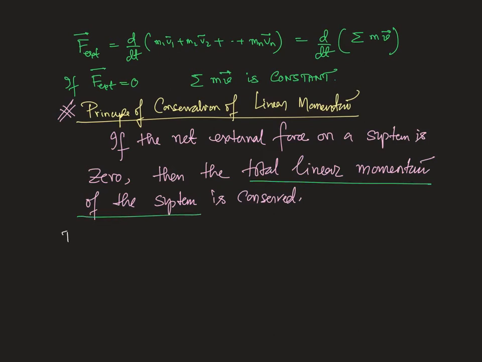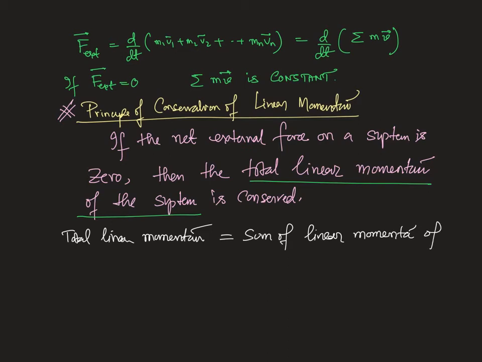Now we can write that total linear momentum is equal to the sum of linear momenta. Now it will be plural: sum of linear momenta of all particles in the system. Sum means vector sum, actually.